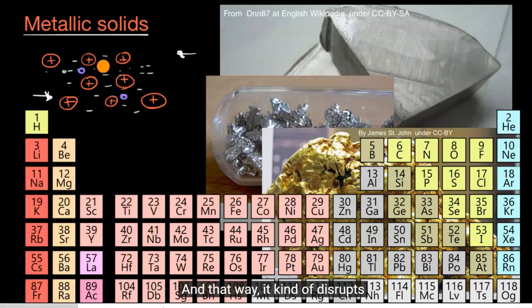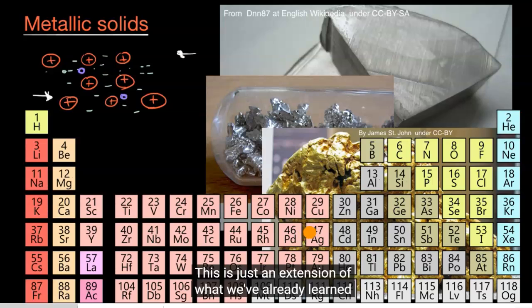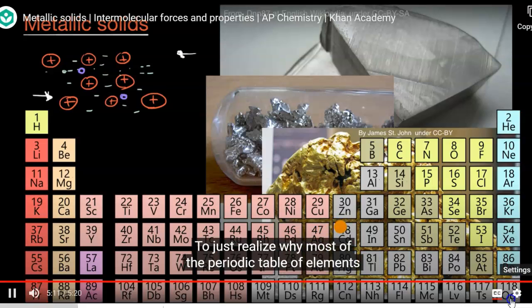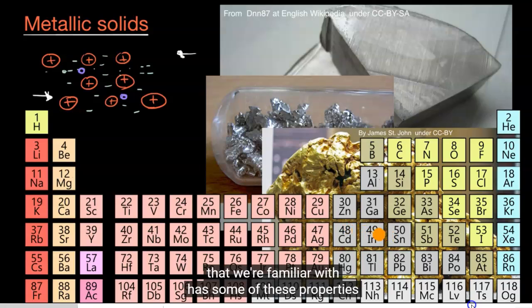And that way, it kind of disrupts this electron sea a little bit, so it's not quite as malleable, and it'll be stronger and more rigid. So I'll leave you here. This is just an extension of what we've already learned about metals and metallic bonds to just realize why most of the periodic table of elements that we're familiar with has some of these properties when you have pure solids of them.